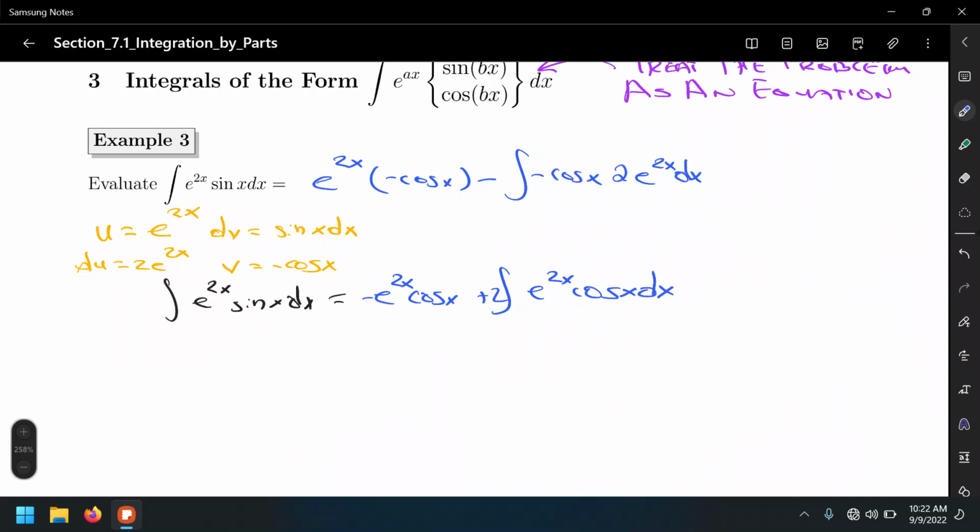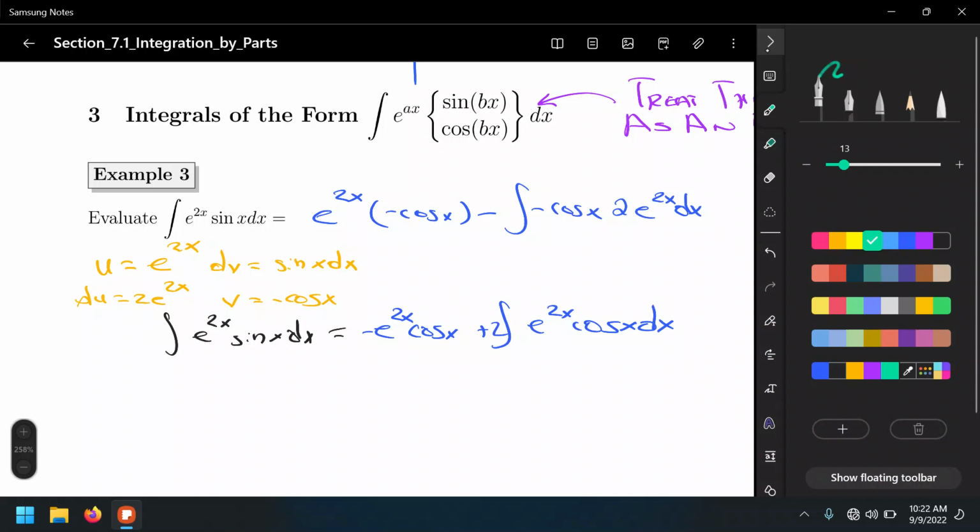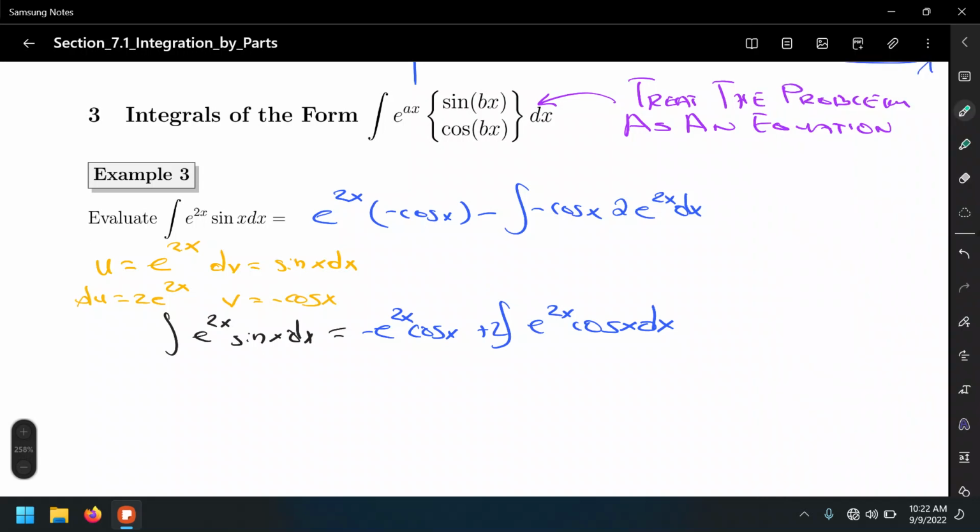In fact, it's of the same form as the note here, except that one of the factors is this time cosine, not sine. So let's do the setup for the integration by parts a second time. That's going to be u equals e to the 2x, du equals 2 e to the 2x.